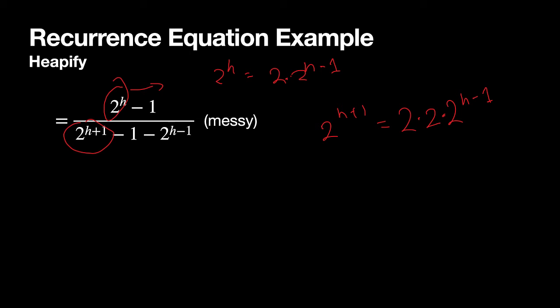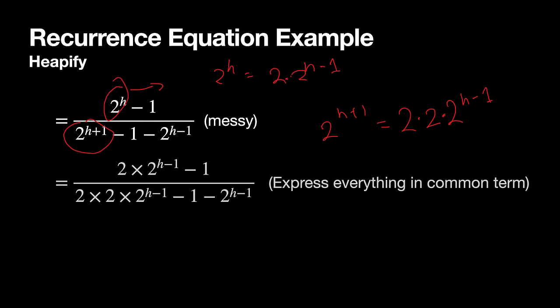So we're just dividing 2 off of them, which subtracts 1 from the exponent. And in the denominator, we do it twice. We divide off 2 twice. So we can express it like this. Everything now has a common exponent. And now we can start combining things together and simplifying a bit.